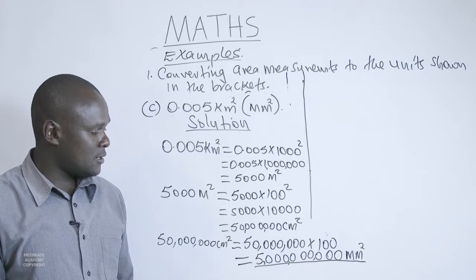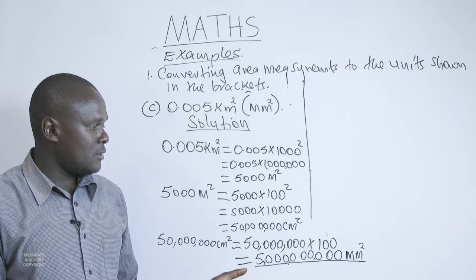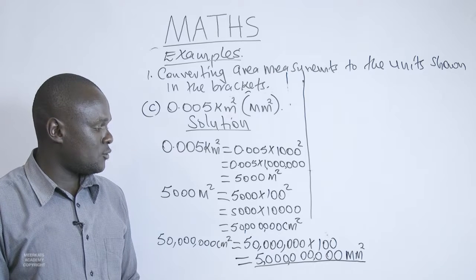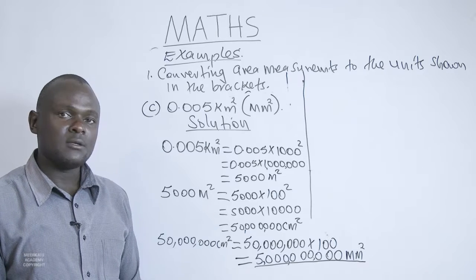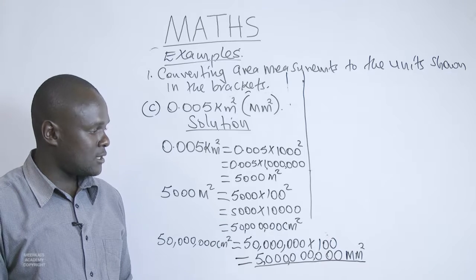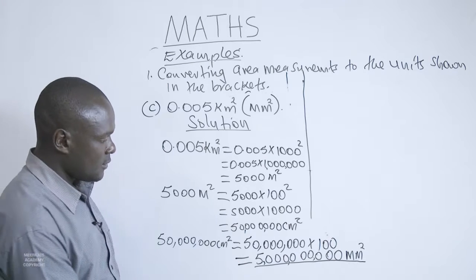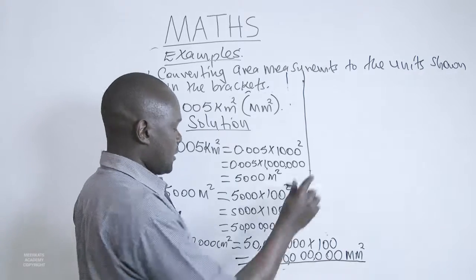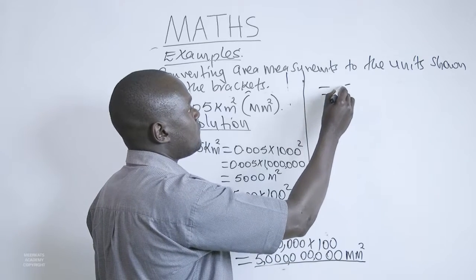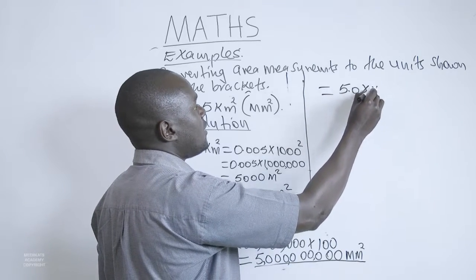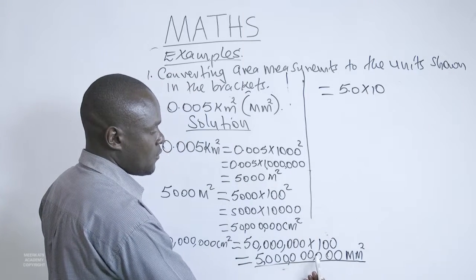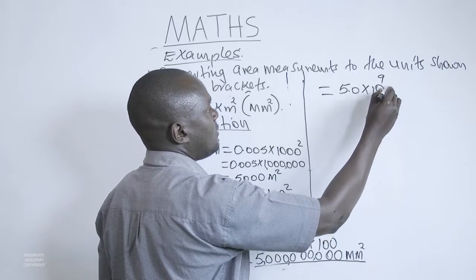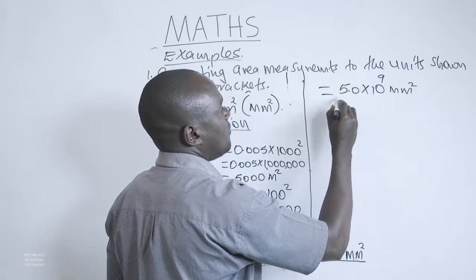And remember, in our previous lessons, when we were looking at conversions, we said that sometimes such long or big numbers, it is good to write them in standard form. Such a number can be written as 5.0 times 10 raised to power 9 square millimeters.